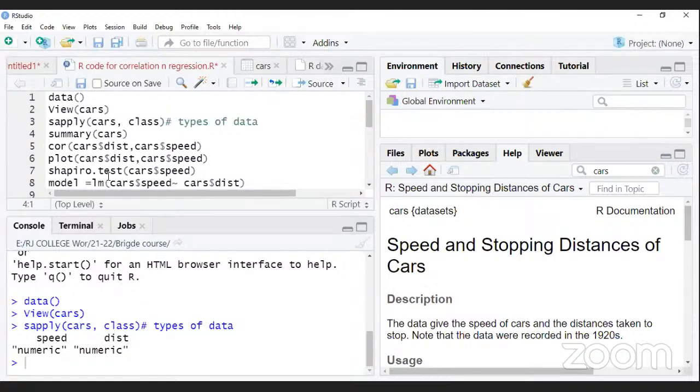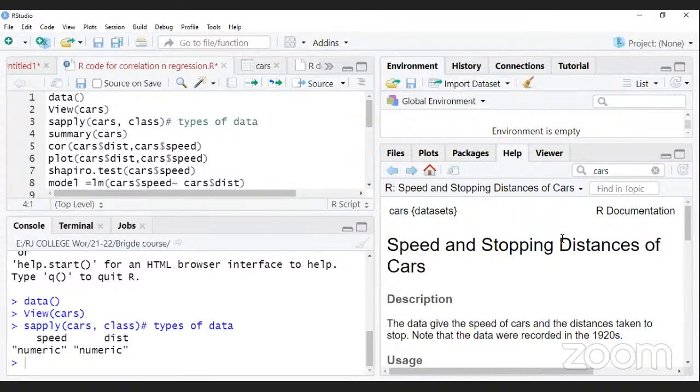When you write the command in the script window and execute it, it will display the output. The third window, at right top, is the environment window, with history, connections, etc. This window is used when you enter any variable; it will be recorded here. So that is more about the environment window.